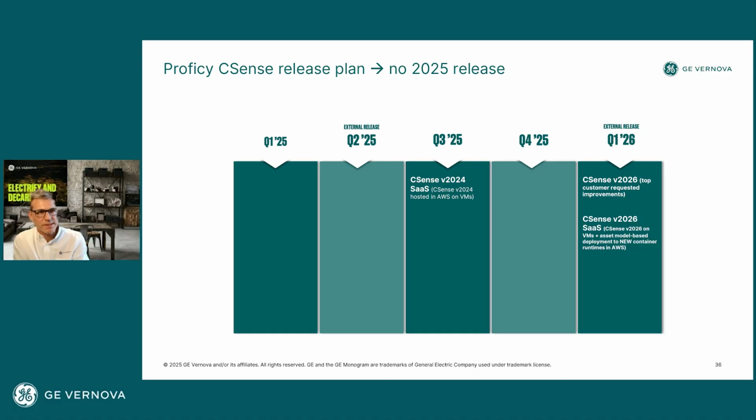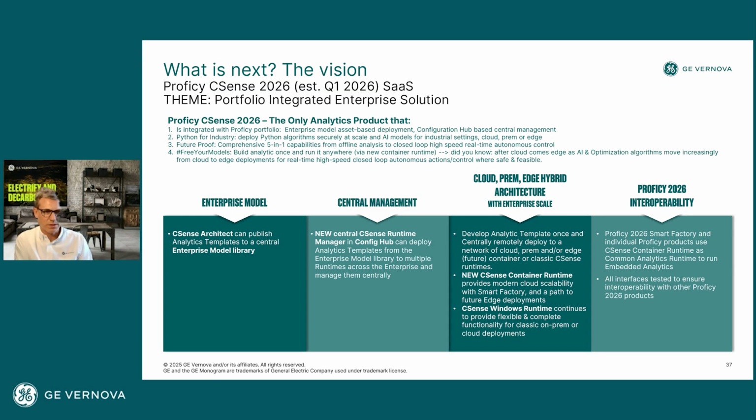But let's just finish by saying, so what is the vision? Where are we going with CSense? The vision with CSense, specifically with CSense 2026, is really to have a comprehensive enterprise-scale industrial AI and analytics solution that is the only product that is tightly integrated with the Proficy portfolio, that will allow asset model-based deployment and orchestration of analytics at enterprise scale with central management from Configuration Hub.